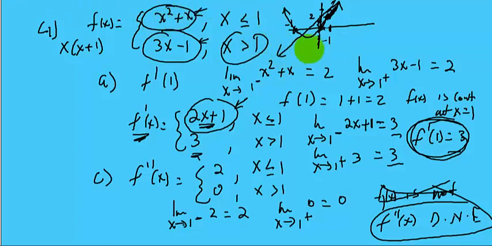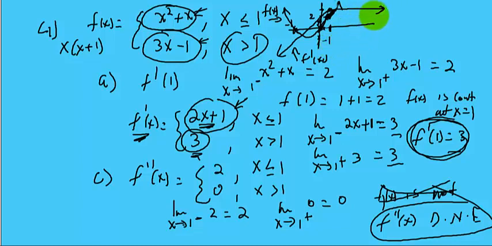Let me label this. That's my f prime of x, and this is my f of x. But this derivative only exists to the left of 1, so I have to erase anything to the right of it. What kind of line do I get for that one? Horizontal. It goes up to 3, and it's a horizontal line. It looks like that.